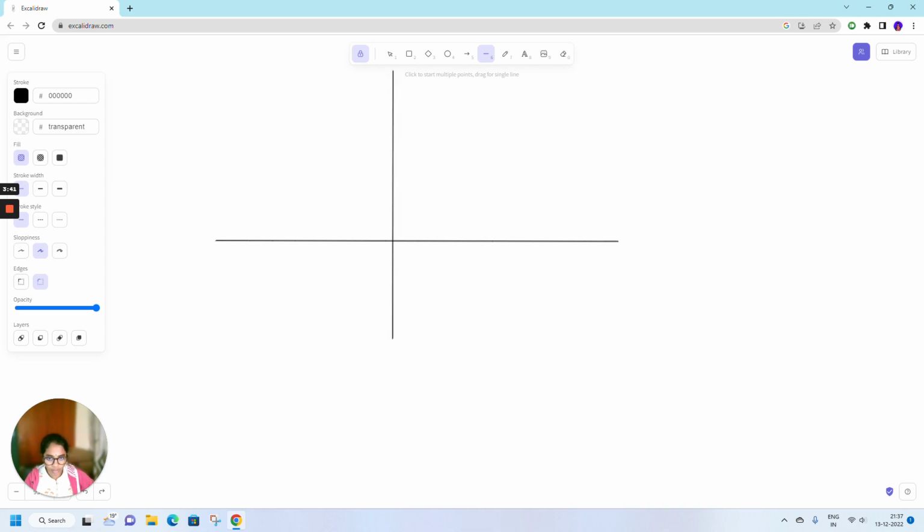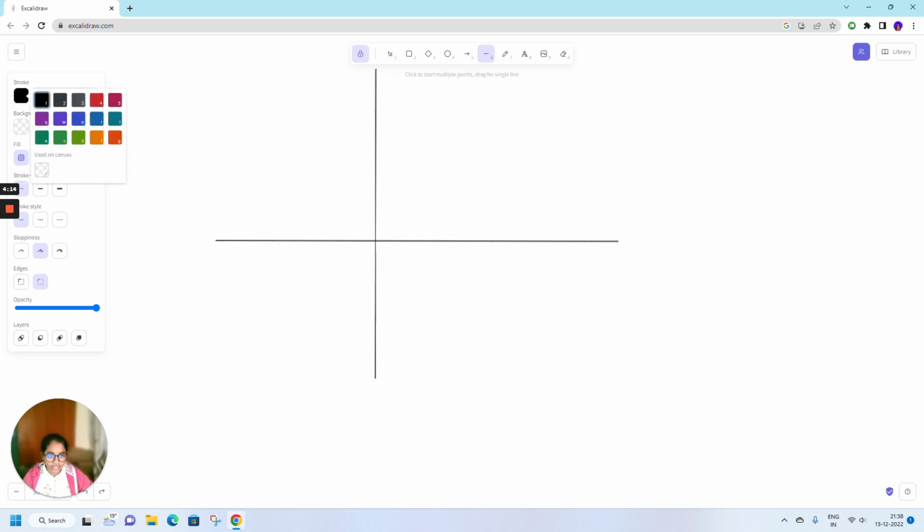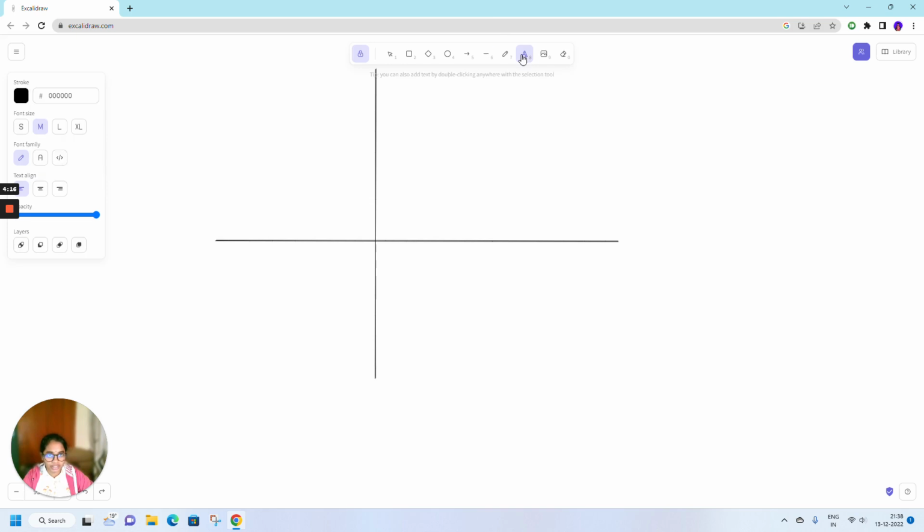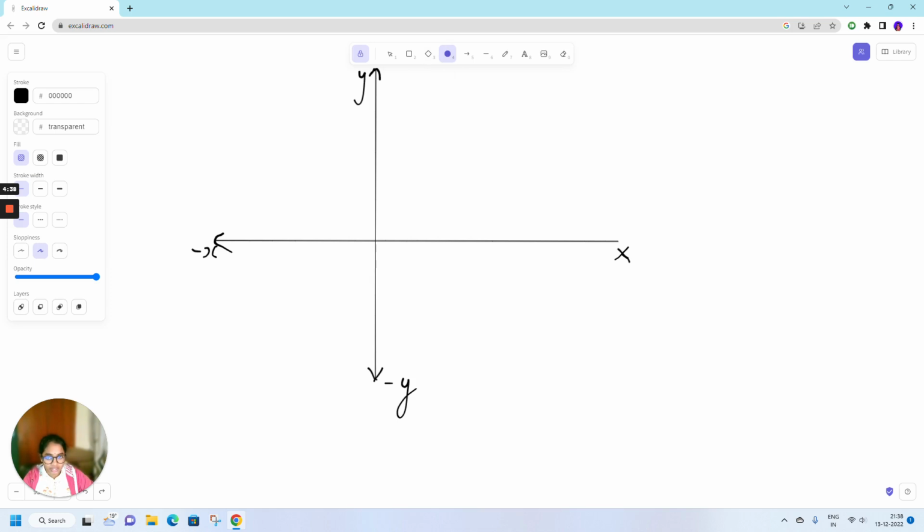This is the x-axis, this is the y-axis. This is the positive y-axis, this is the negative x-axis, and this is the negative y-axis. Do you know what a unit circle is? Let me take a unit circle centered at the origin.